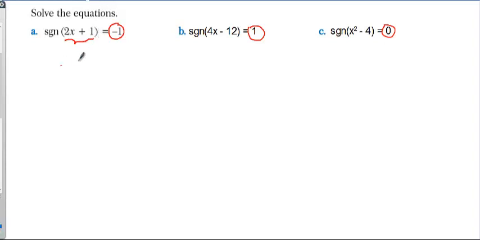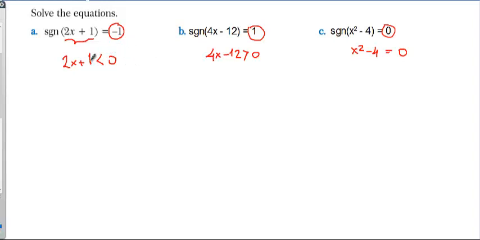This function value is important. If it is -1, this function 2x plus 1 should be smaller than 0, or 4x minus 12 should be greater than 0, or x squared minus 4 is equal to 0. Here is the most important part.